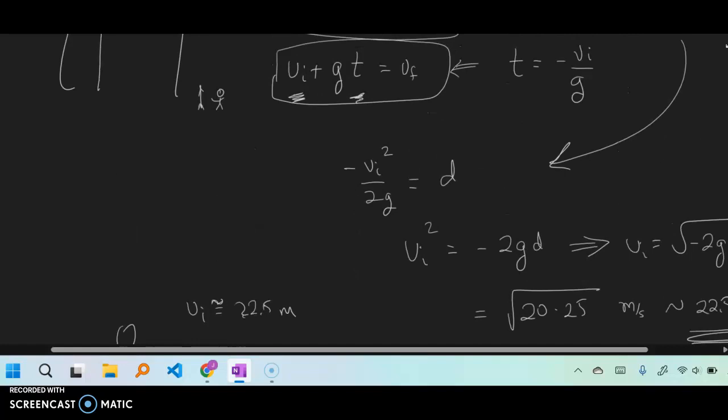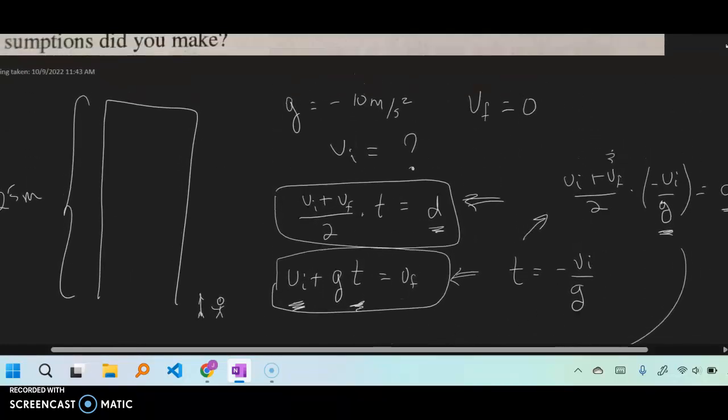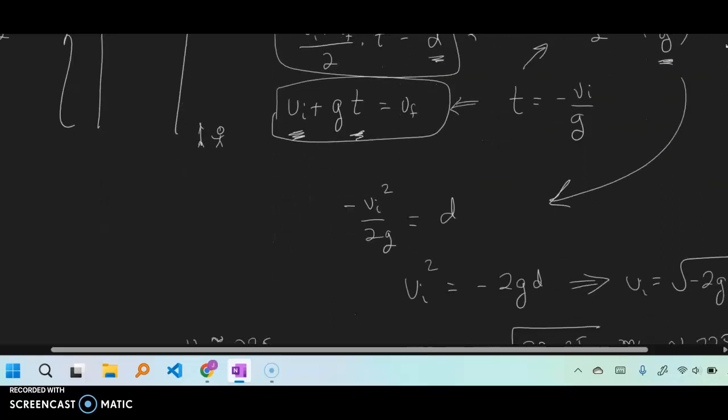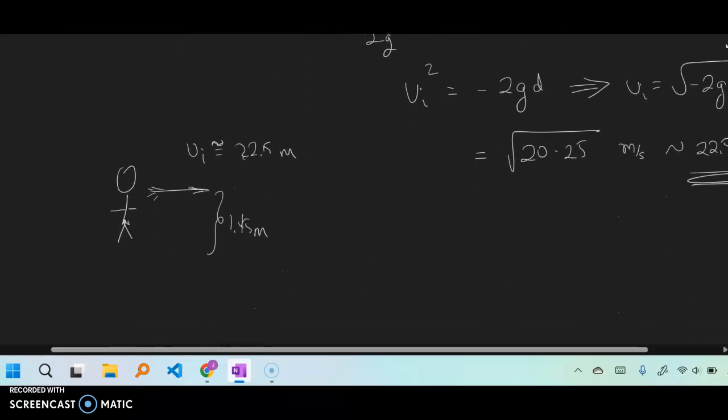If I look at my various equations, I could try the VI plus G one, but I don't know the final velocity either, so I might have to try another equation.